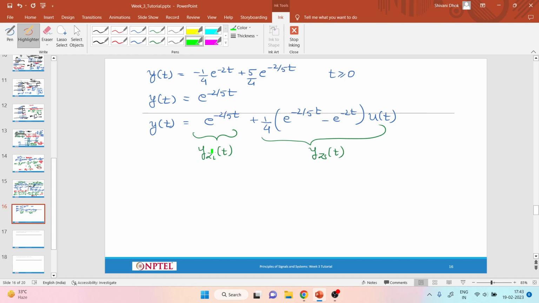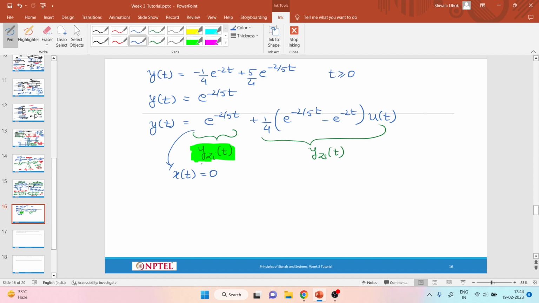Madam, can you explain the significance of a zero input and what is that, zero state? So this I'm getting when my x of t is 0. So when my input is 0, at that time I'm getting my output as this. That is the initial signal at t equal to 0.